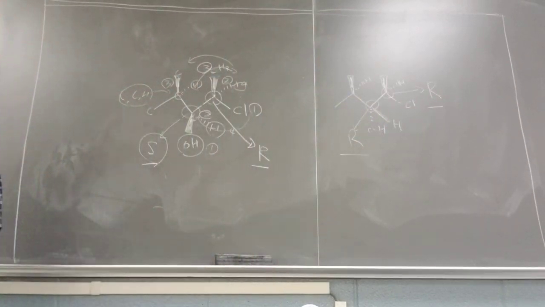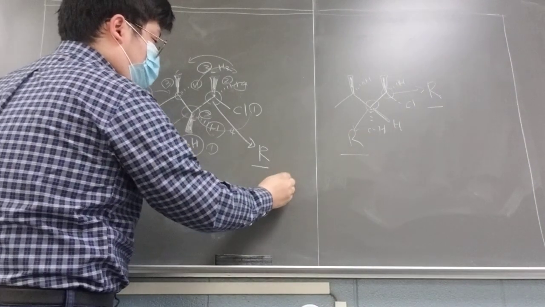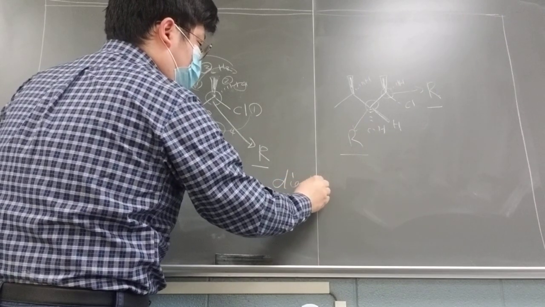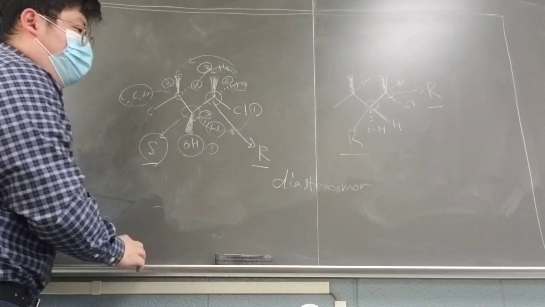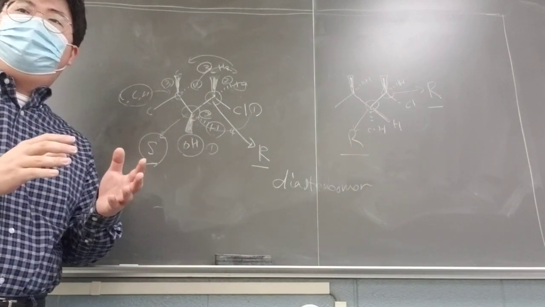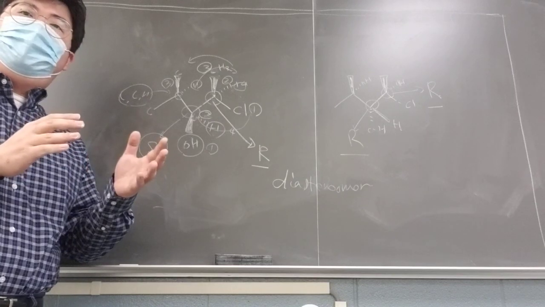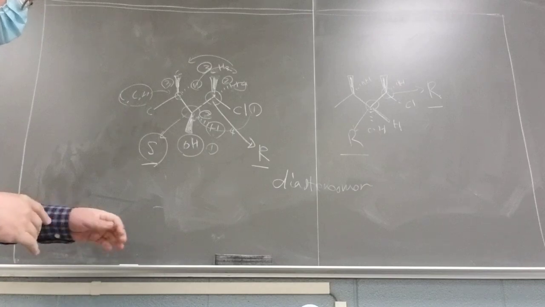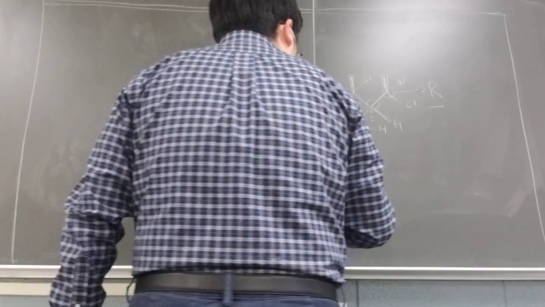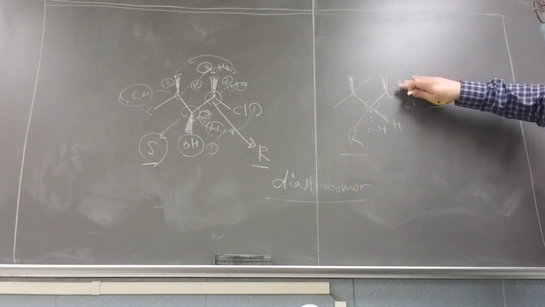Okay. So the relationship between these 2 is diastereomers. Diastereomers means whenever you have more than 1 chiral center, if some chiral center shows different RS configurations, you can say it's diastereomers.